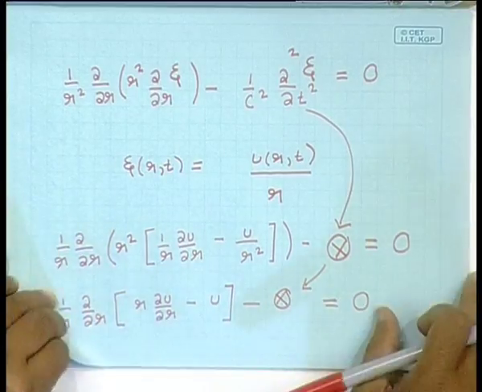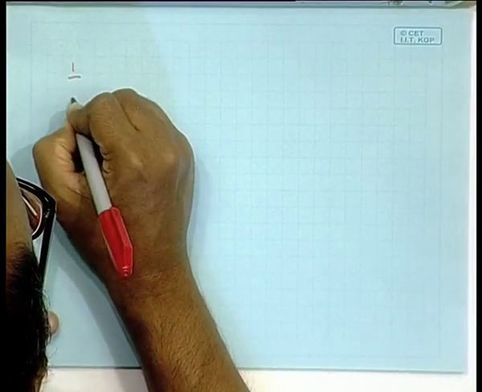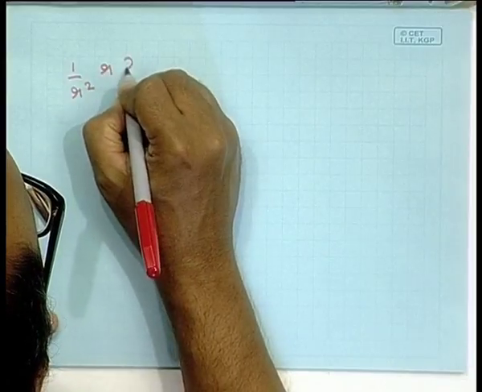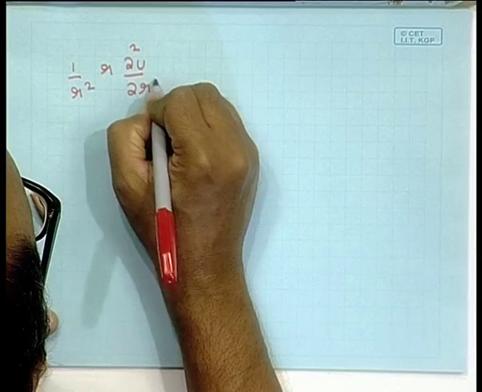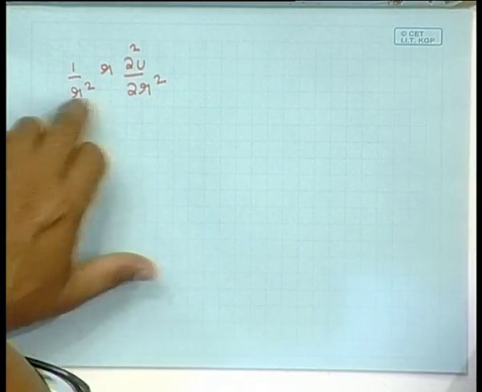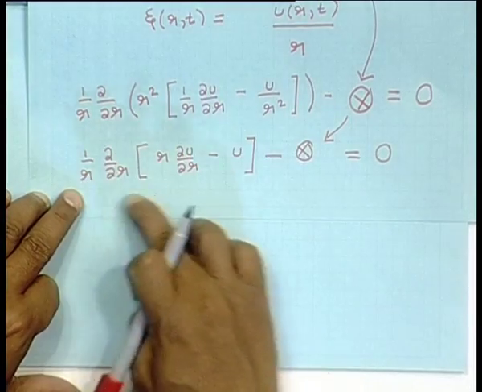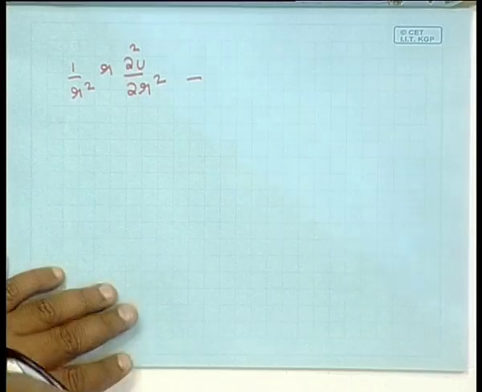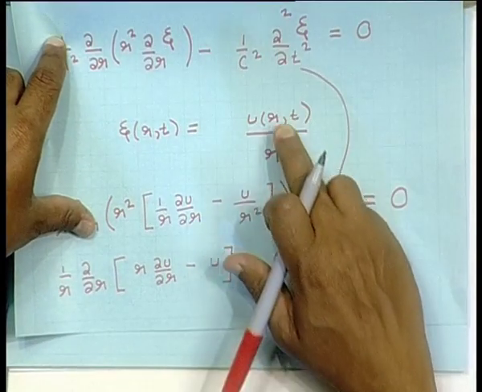So we can now write down the same equation here. So what we have is 1 by r square and r into the second derivative of u. So this is what you get from this whole term over here, and I have to also write down this term over here, replacing xi with u by r.